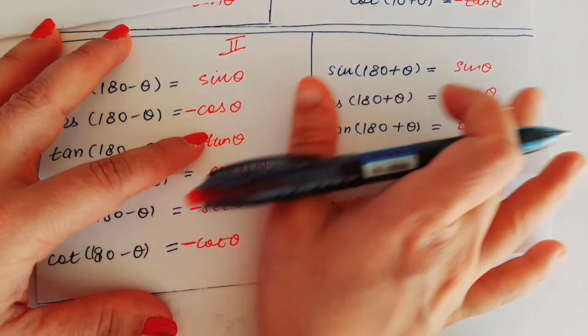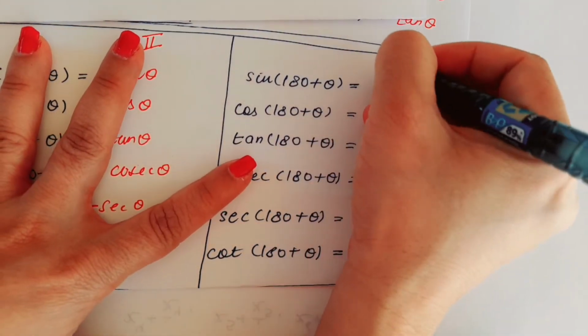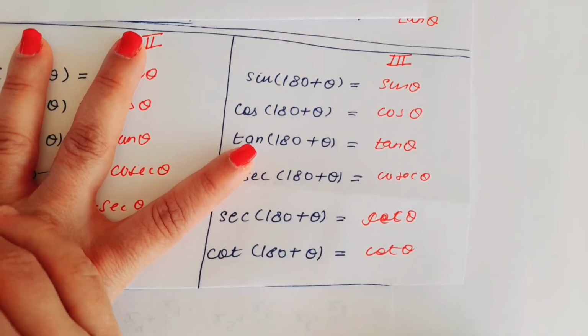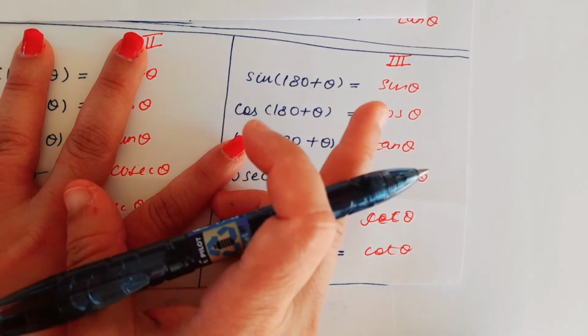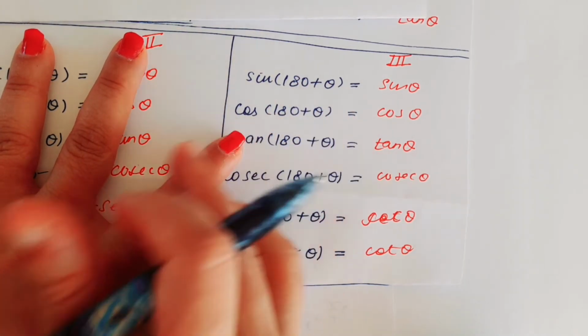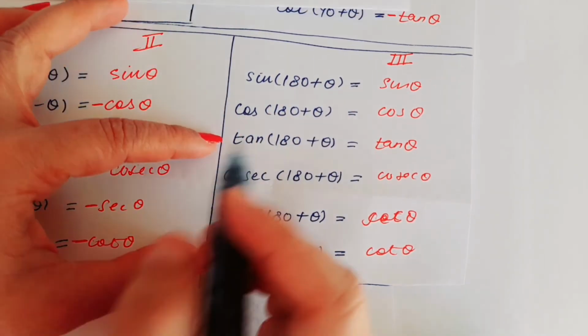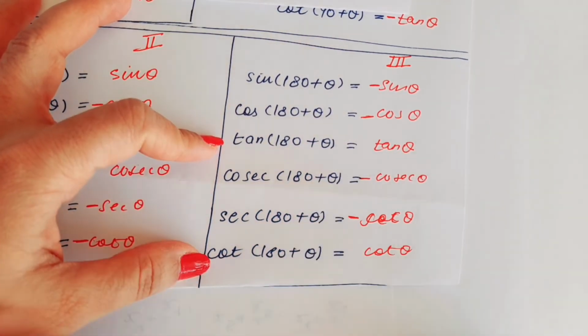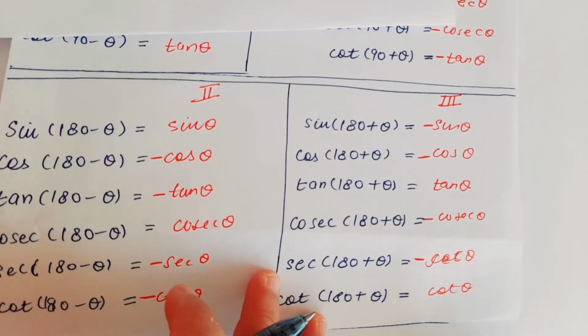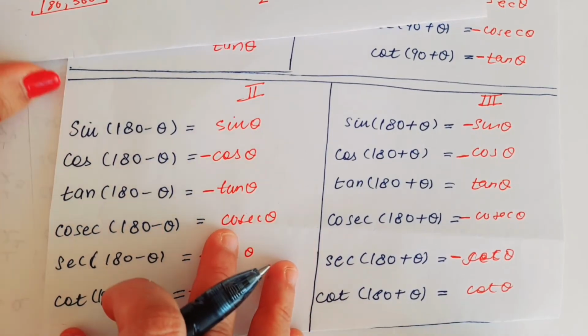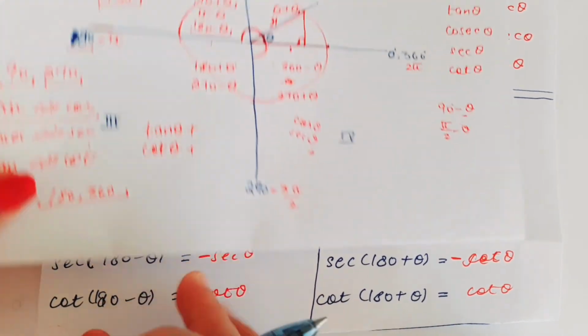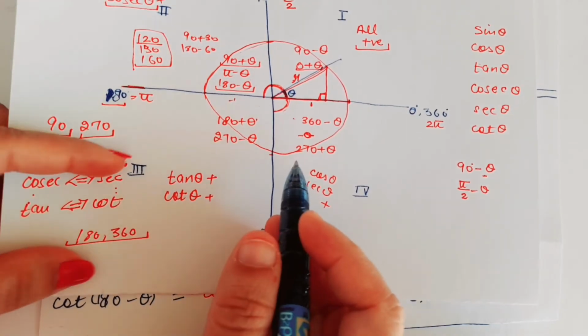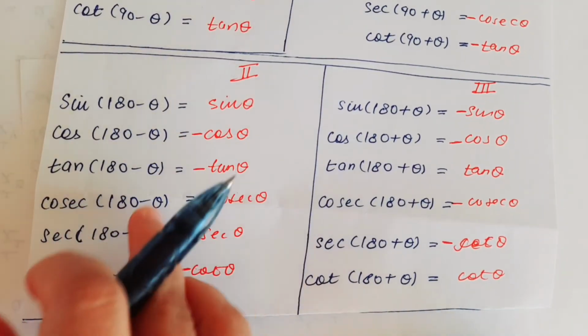Similarly, 180 plus theta is in the third quadrant, and in the third quadrant tan and cot are positive and others are negative. So this is how we find the values, and similarly on the basis of this you can find them in the fourth quadrant, and it is very easy to find these ratios.